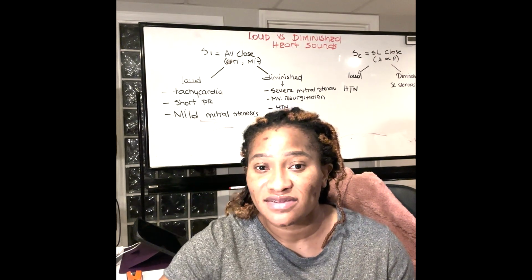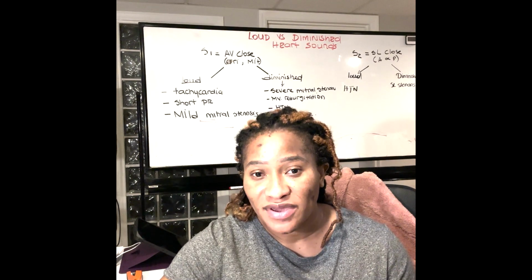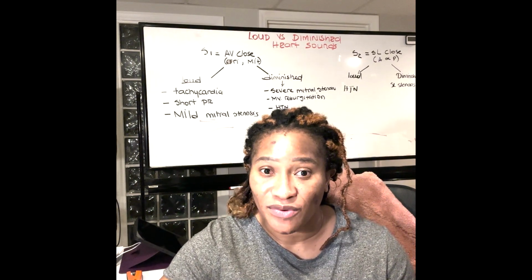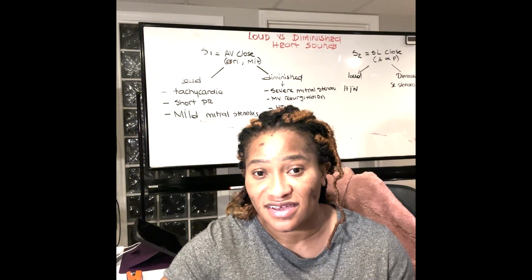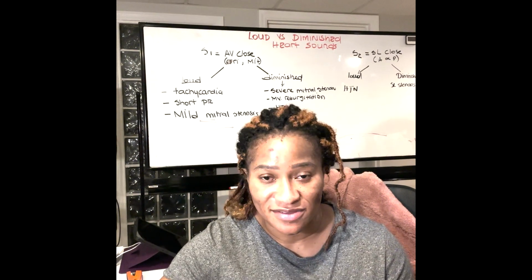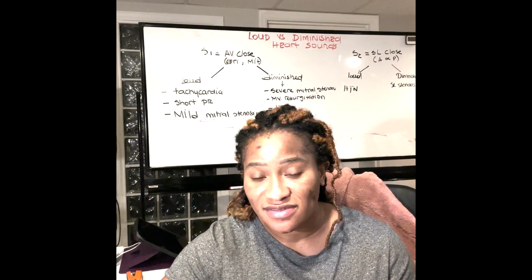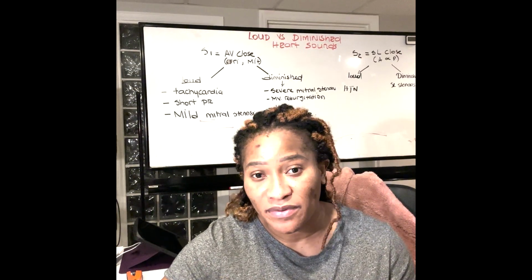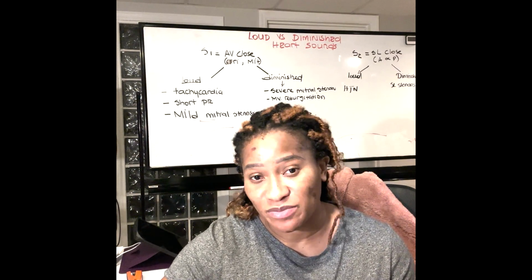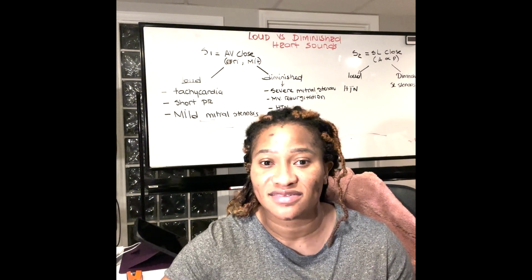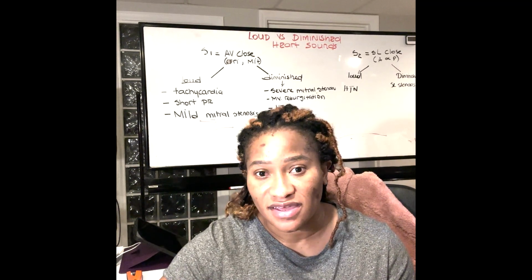So barbiturates bind to GABA and increase the conductance of chloride ions. Chloride is an anion, negatively charged. When it gets into the cell, it makes the cell even more negative inside. We call that hyperpolarizing the cell, making it difficult for any action potential to rise. This is how it gives you those sedative and hypnotic effects.